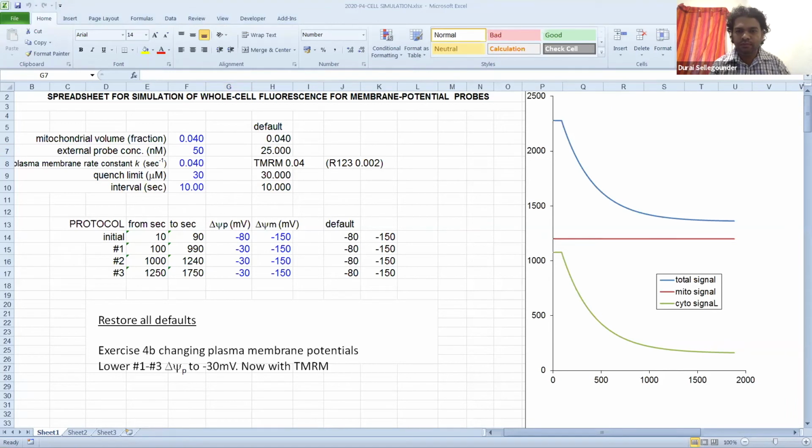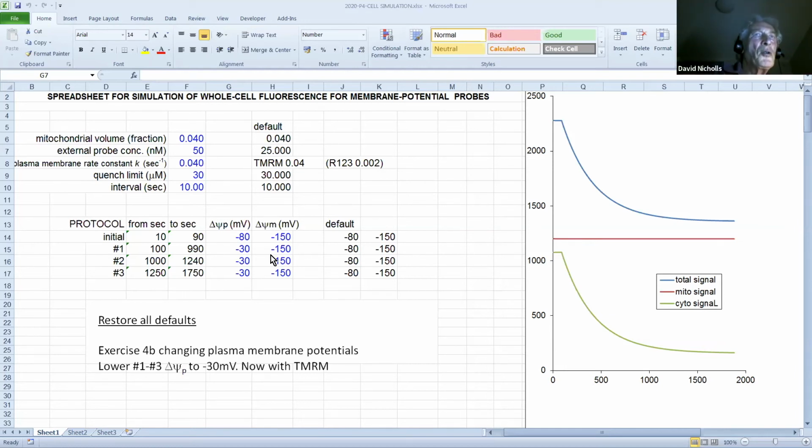Here, so do you see the... Yeah, we see that. So you're saying it was like shorter. It was a quicker drop. It was because the TMRM was being more permeant. Yeah. Okay. So yeah, fine.